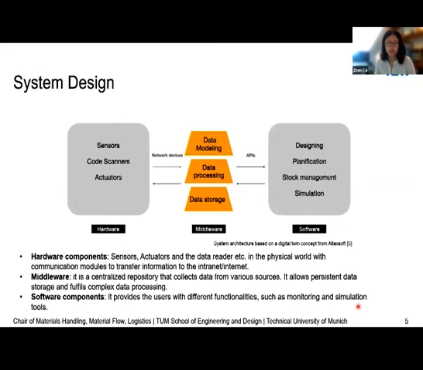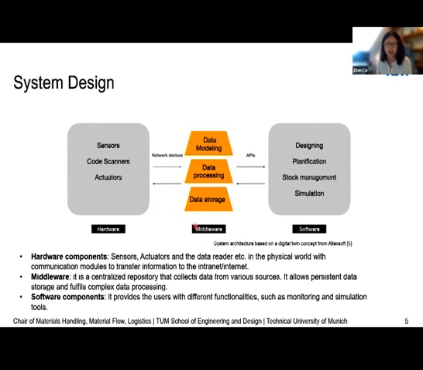So let's move on to the overview of the system design of our application. We have a 3-layer model. On the hardware layer, we have sensors, code scanners, and actuators, for example, and they gather data in the physical world and transfer the information with communication modules to the internet.